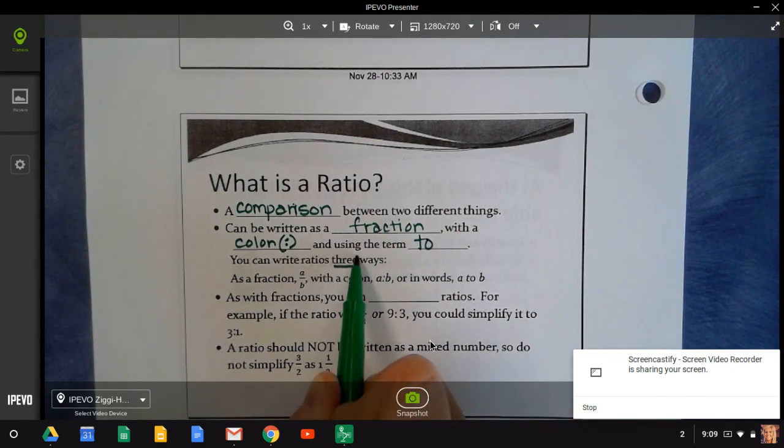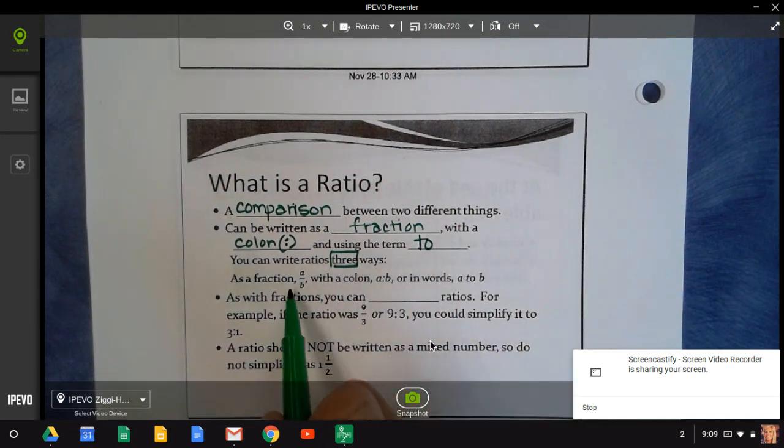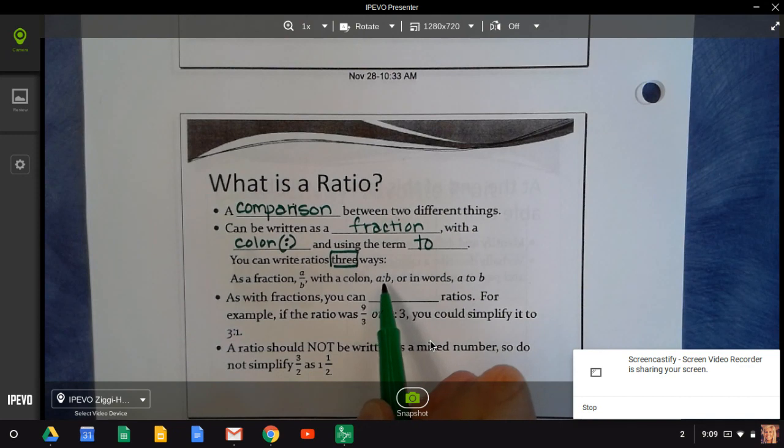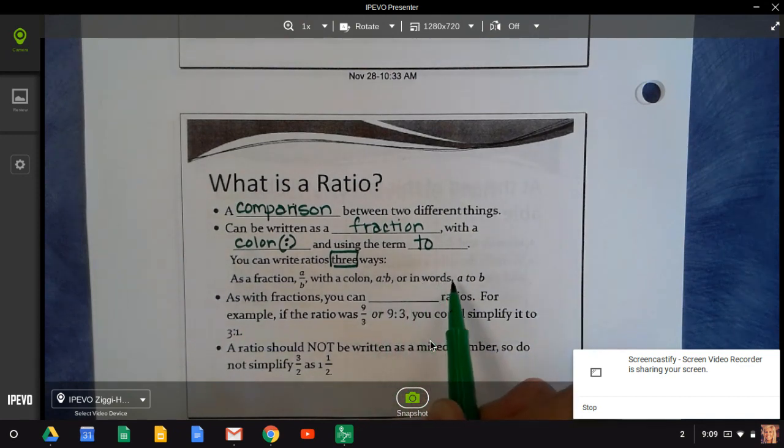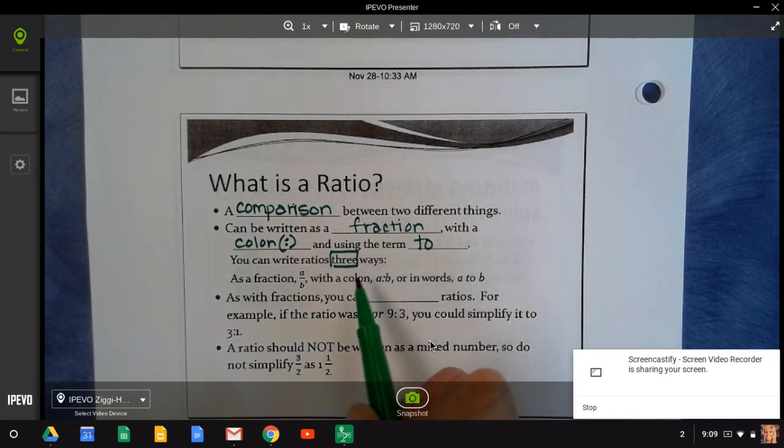So you can write the ratio 3 ways: as a fraction like a over b, with a colon like a:b, and by the way, you read the colon as "to," or in words like a to b. All of those are sufficient. Any which way is fine. As with fractions, you can simplify ratios.